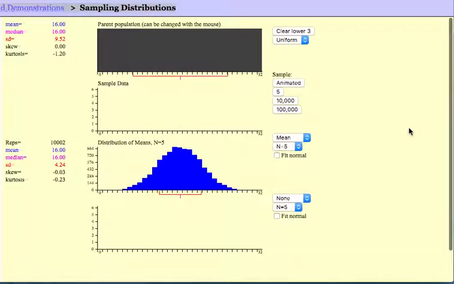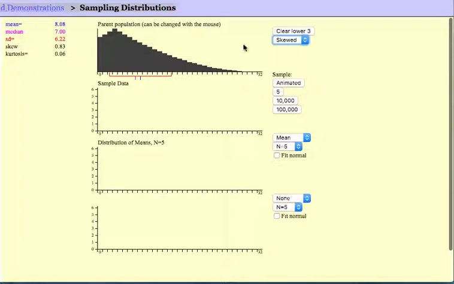Okay, so far we sampled from a normal distribution and a uniform distribution, which are of course symmetric distributions. So let's go ahead and sample from a skewed distribution and see what happens. So this is a right skewed distribution and this is the mean and the standard deviation for the population distribution.